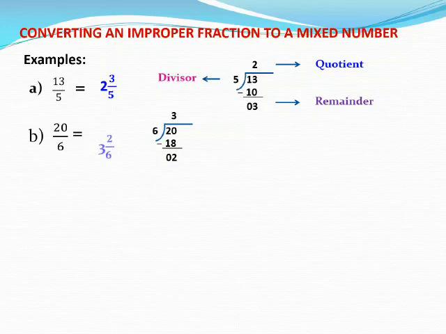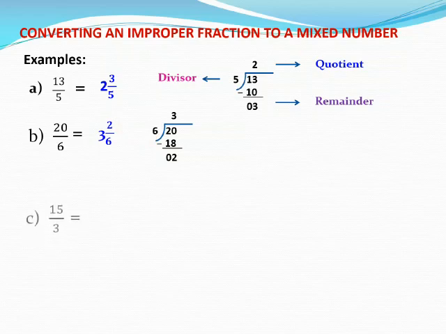Then, the remainder is the numerator and the divisor is the denominator. So, 3 was the quotient, so we write 3 as the whole number part, and 2 was the remainder, written as the numerator, with denominator 6.